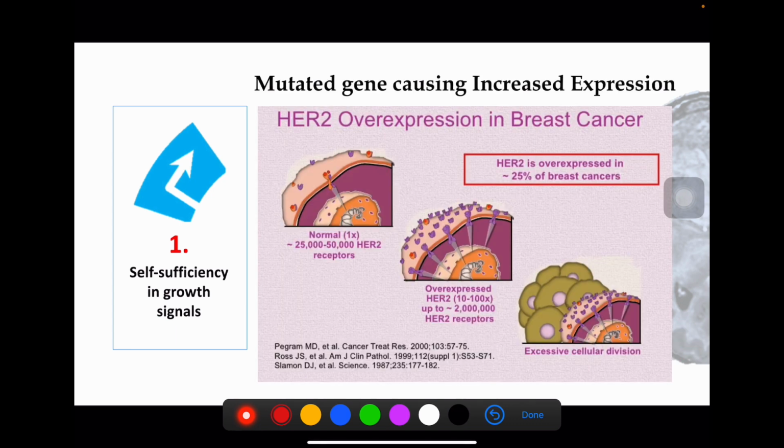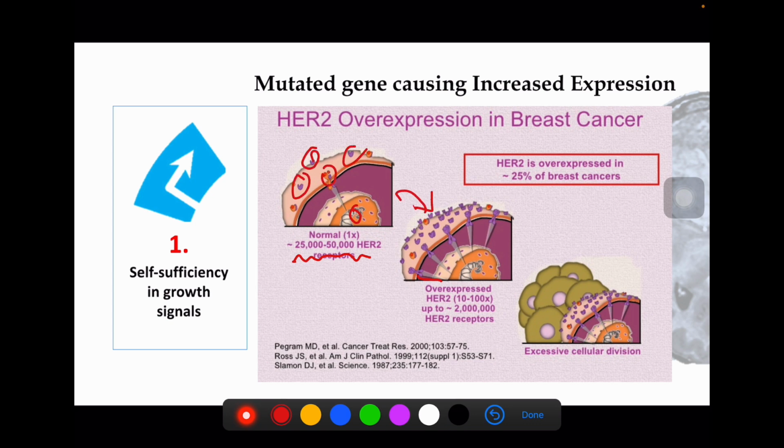So an example of increased expression: in normal breast epithelial cells, there is this number of receptors, 25,000 to 50,000. But when this part of the DNA is mutated, they express a lot more. You see, there's only probably on one surface 1, 2, 3, 4 receptors.